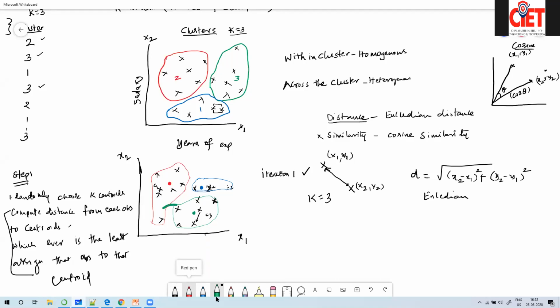Now your change of cluster would look something like this. So this observation entered this particular cluster. The red one changed like this. This observation, which was closer to this observation before, might change to blue, if at all.